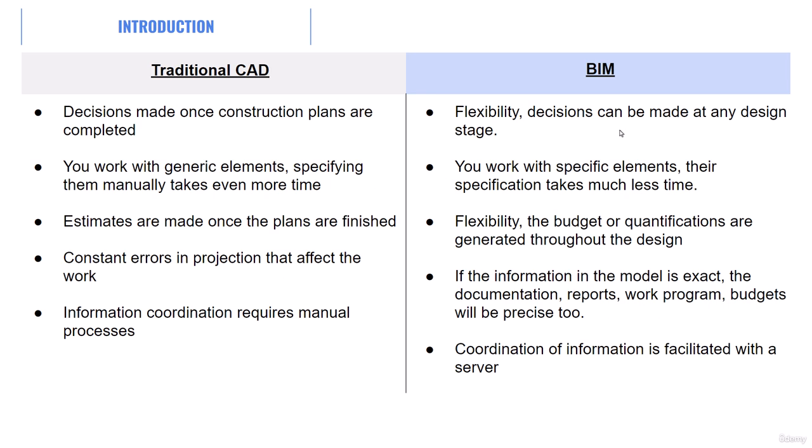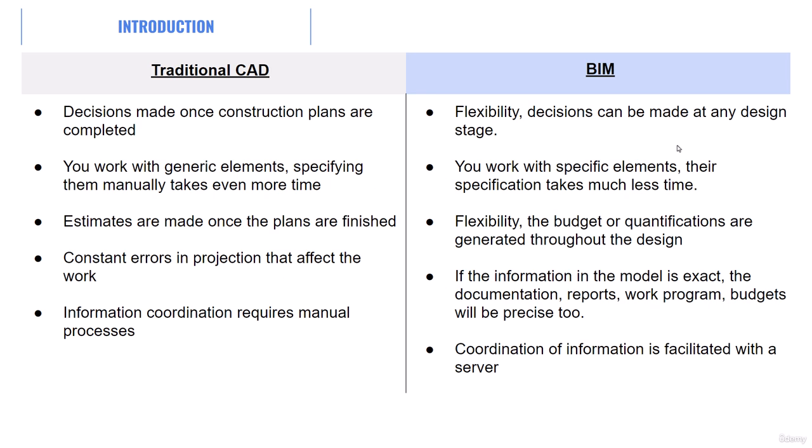it has even more flexibility in general. So you can also make decisions at any stage of the design process. Now keep in mind that in BIM we are also going to work with specific elements, because software such as Revit and ArchiCAD will always demand that you specify a lot of different parameters.